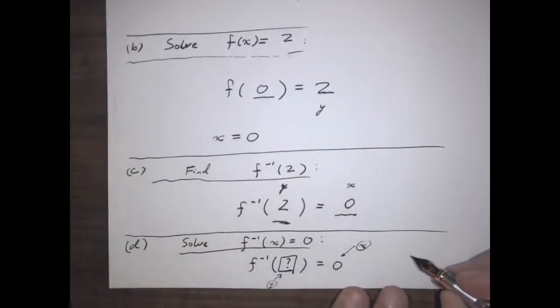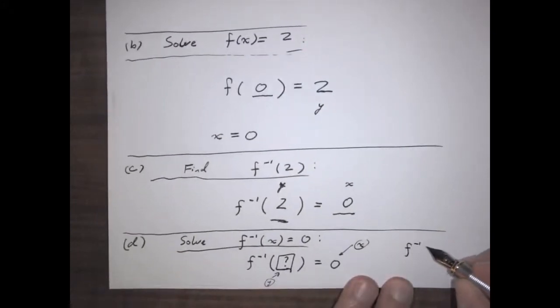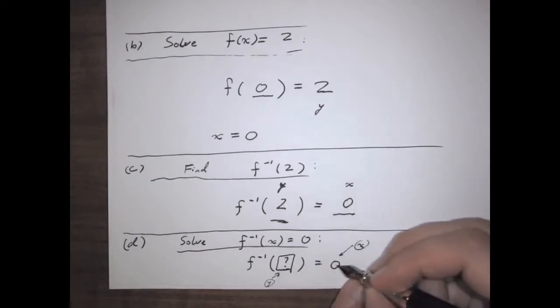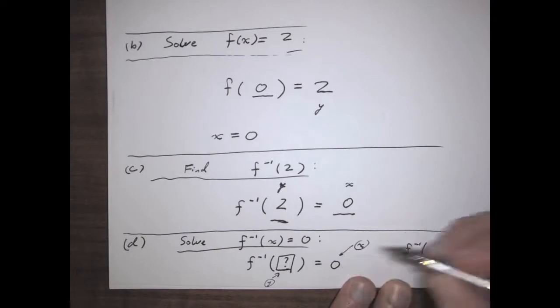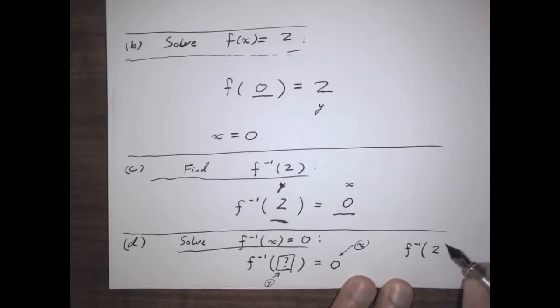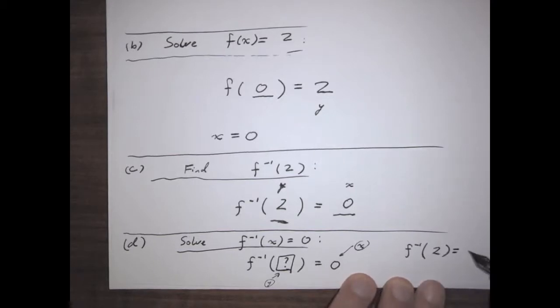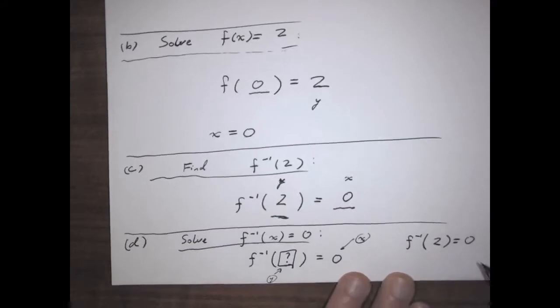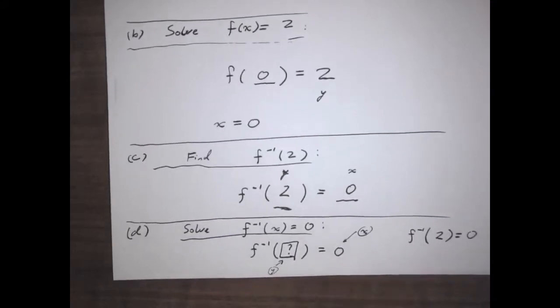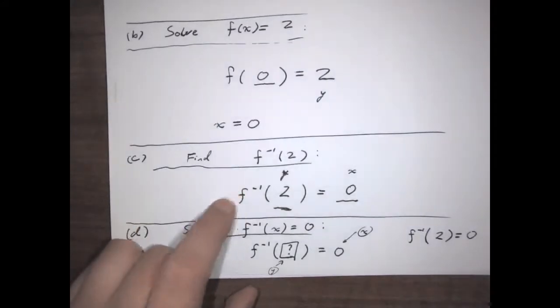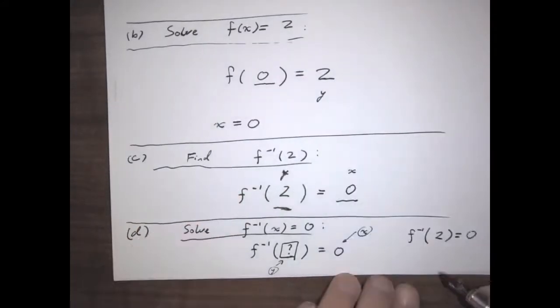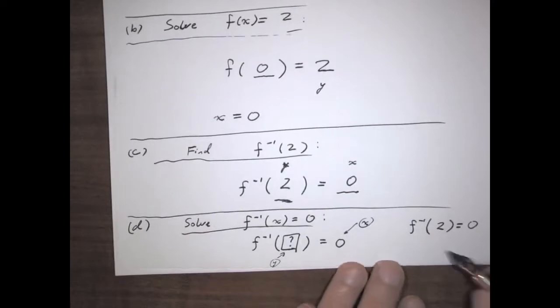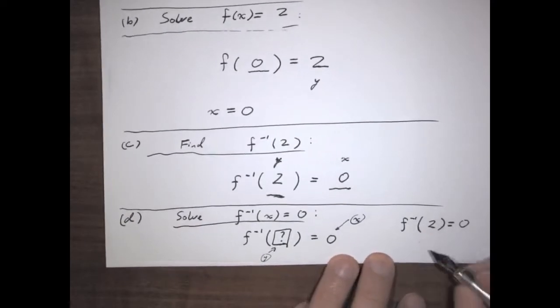And so what that means is that we are looking for f inverse of what will correspond with an x value of 0. Well, an x value of 0 corresponds with a y value of 2. And so this is actually the same equation as this one, but just with the shoe being on the other foot.